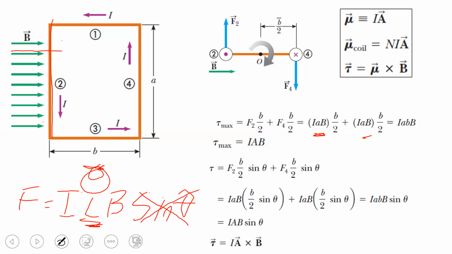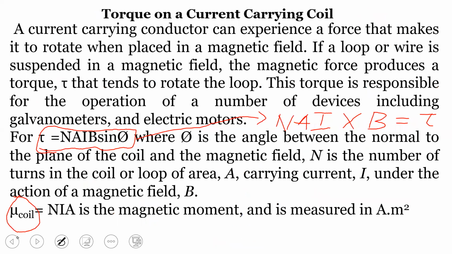Since small a times small b gives us the area, we can replace small a and small b with area, big A. So the formulas we have in this square are very handy. That gives us mu, the coil NIA, which we defined here.